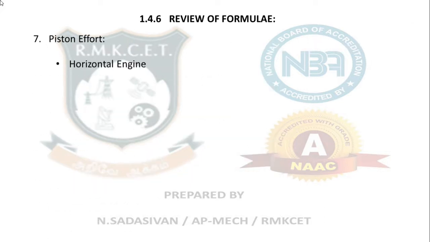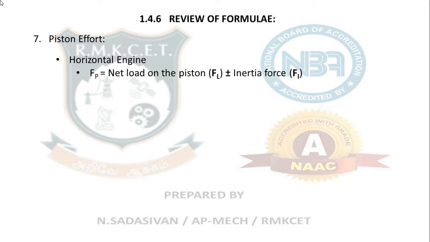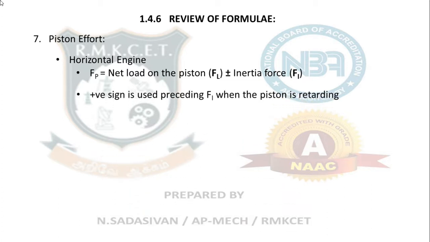Piston effort for a horizontal engine, Fp is the net load on the piston. Okay, piston effort Fp, net load plus or minus inertia force. Okay, so positive sign used when the piston is retarding. For the inertia component I am telling. Okay, when your theta is between 0 to 90, your piston is accelerating, therefore your inertia will be a negative sign. And when your piston is retarding, you have a positive sign for inertia.